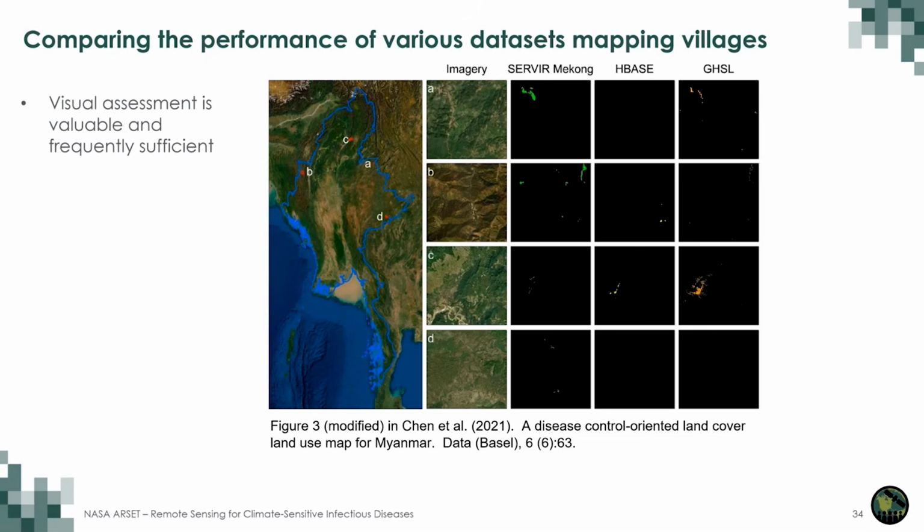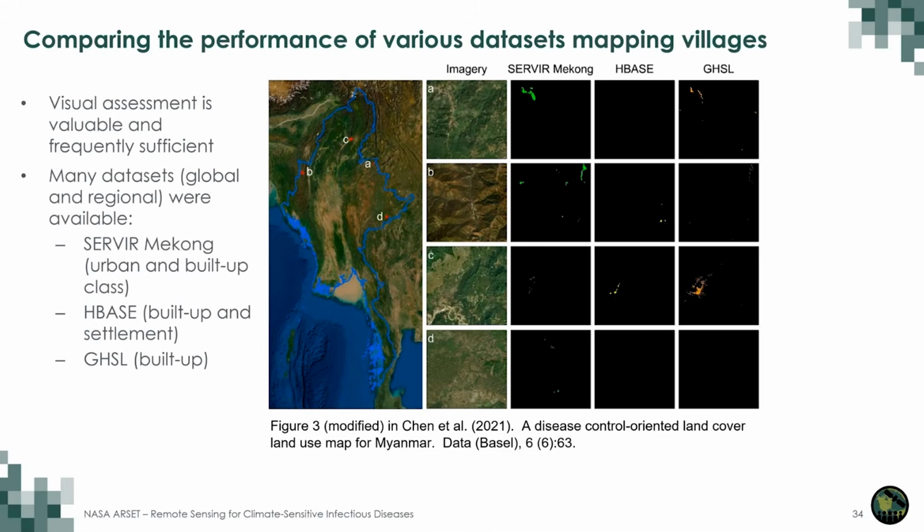So the first thing I would recommend anybody does is just look at the data sets and compare to very high resolution observations. Visual assessment should be your first step, and it frequently is sufficient to give you a quick understanding of whether this data set is good enough to continue.